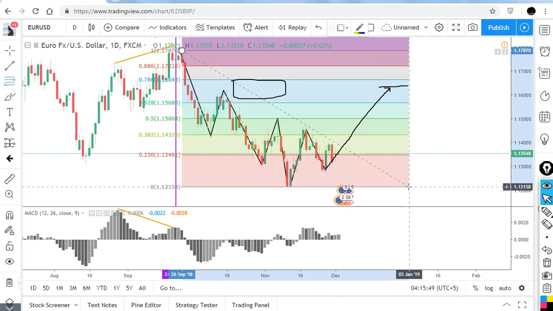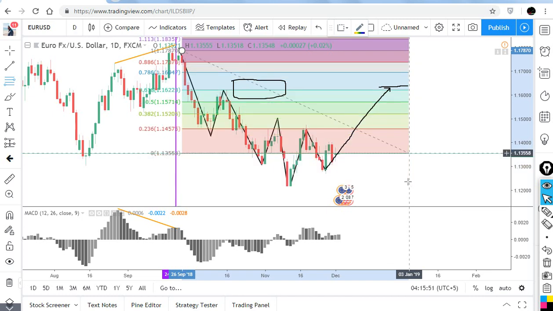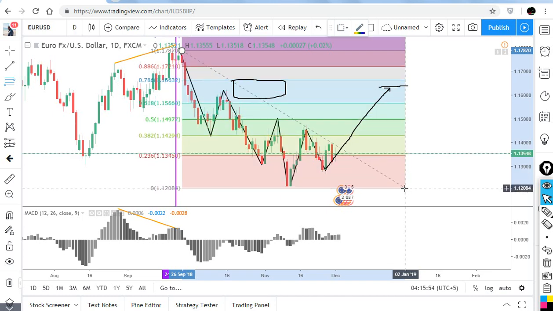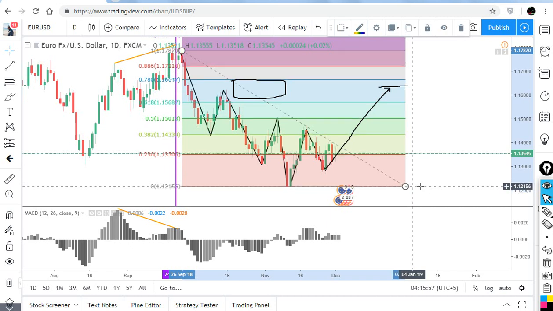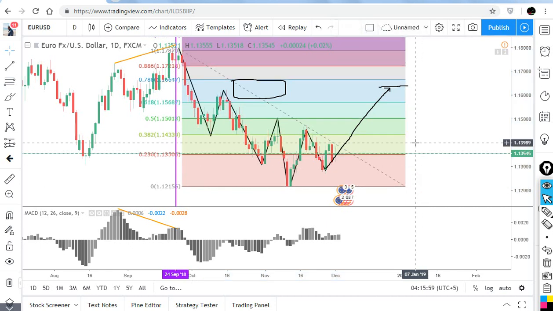So I see, according to the C wave, the point is here, 1.163, something number, right?